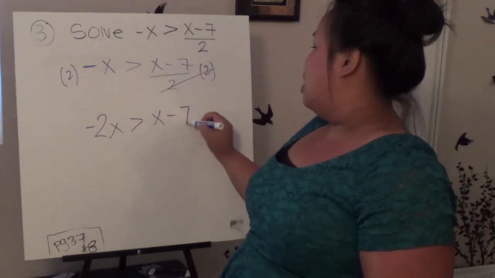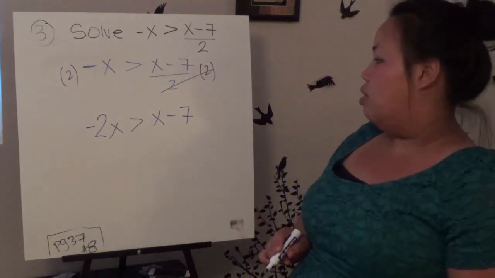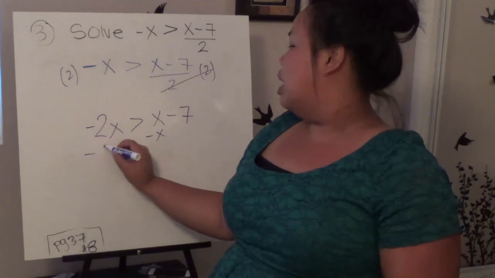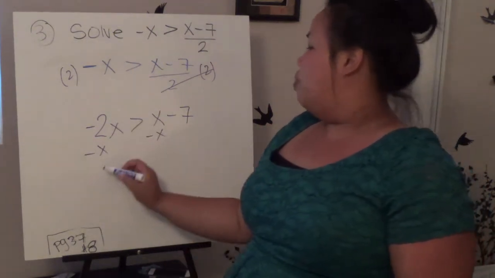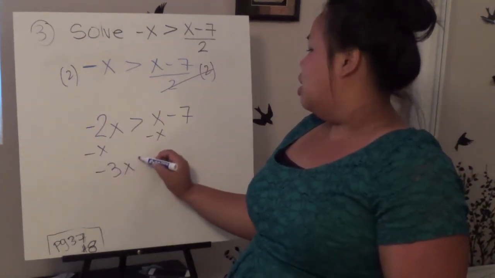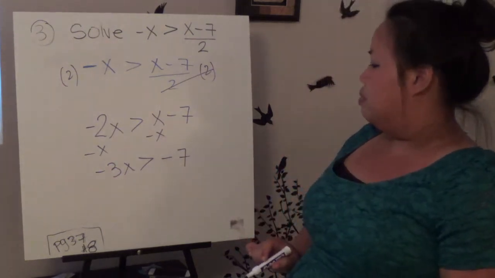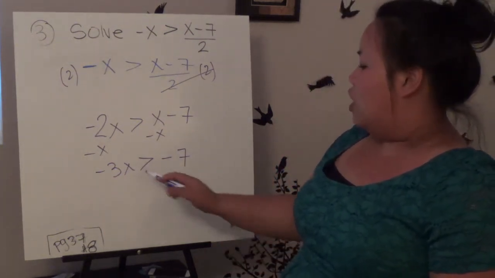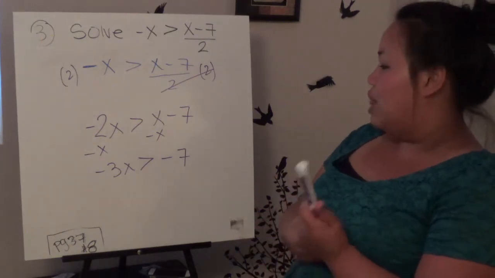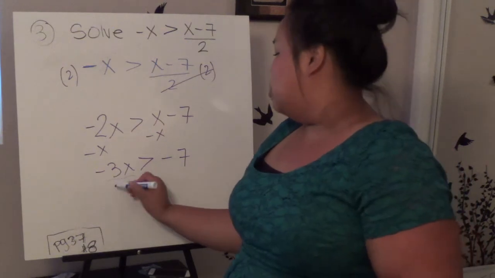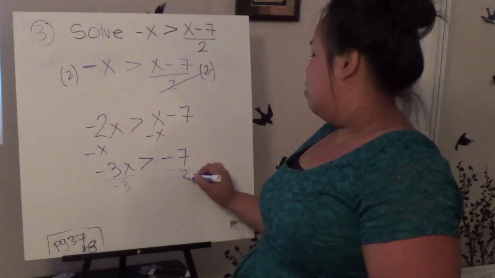X minus 7. Alright? Now I want to isolate it, so let's subtract x from both sides. We end up with -3x is greater than -7. Okay? On this case right here, my second to last step is to divide both sides by -3.